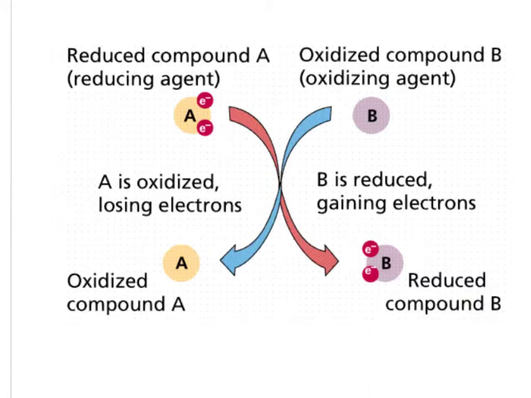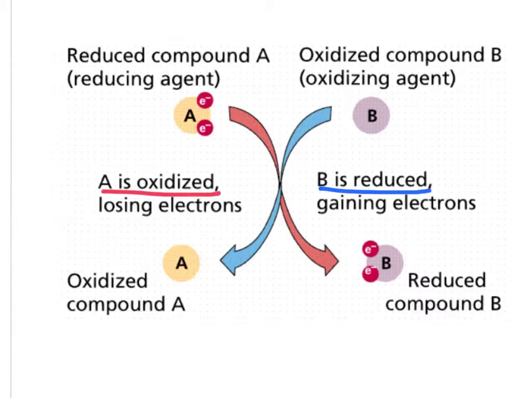Here's just another way to look at it. If we have compound A and it loses 2 electrons and becomes compound A without some electrons, it has lost electrons. We say that A is oxidized. It loses electrons. Likewise, here's compound B. It is gaining electrons, so we say that B is reduced because it gains electrons.